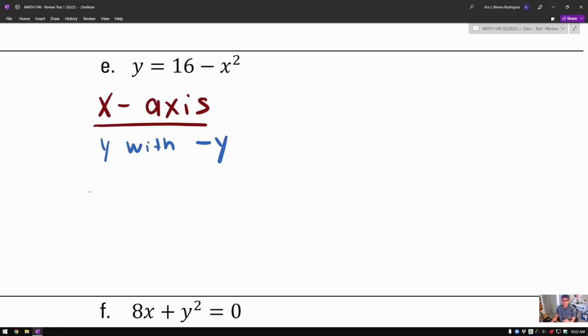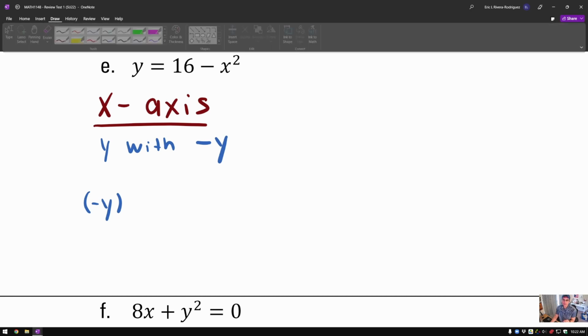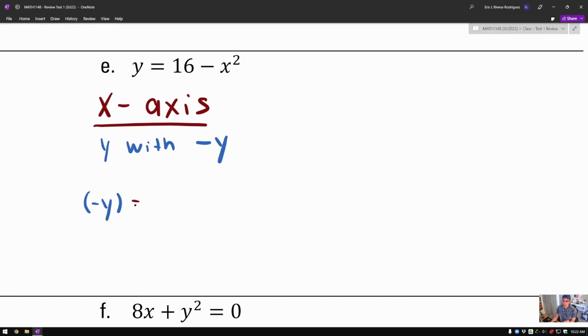I'm going to take the variable y from the equation and replace it with its opposite value. Once I've done that, I want to simplify the equation. Why do I want to simplify?